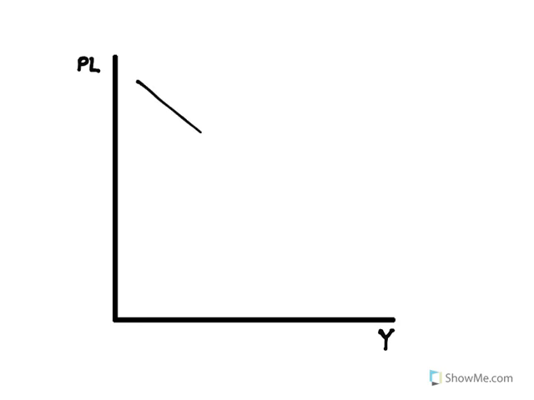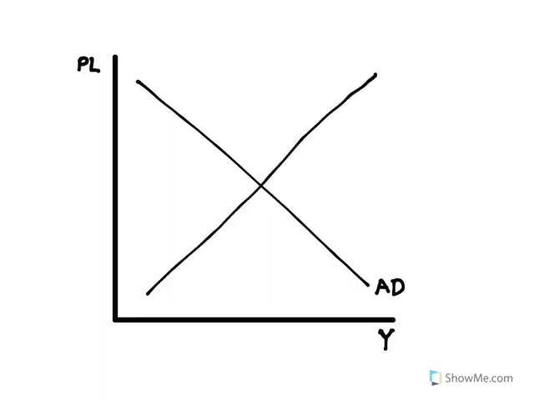Aggregate demand is always going to be downward sloping, just like that. And then we're going to use short-run aggregate supply, which of course we know, thanks to the sticky wage theory, is going to be upward sloping. So we have SRAS, just like that.